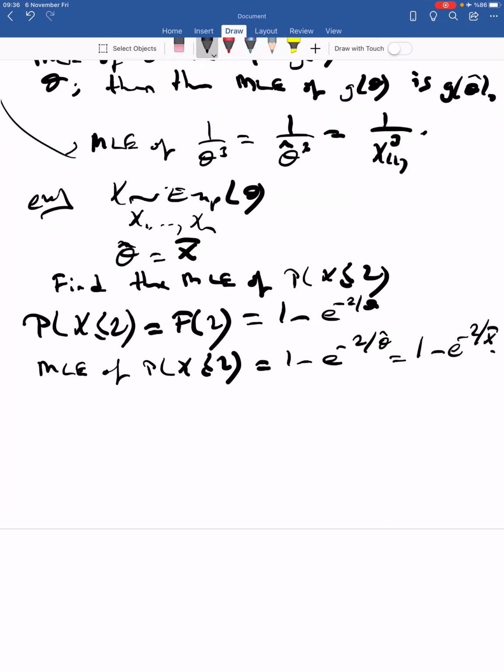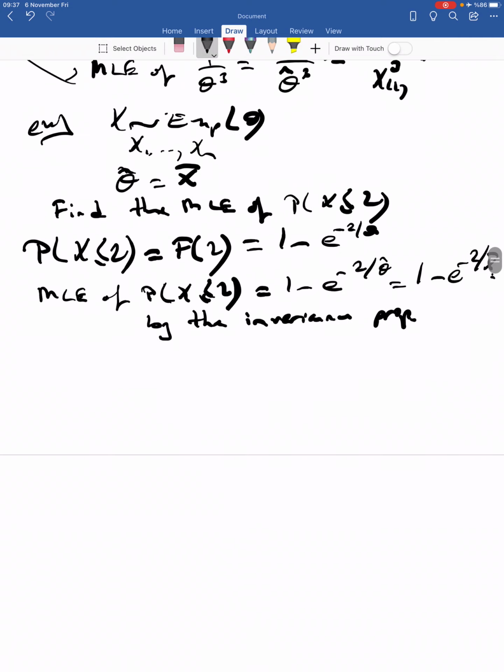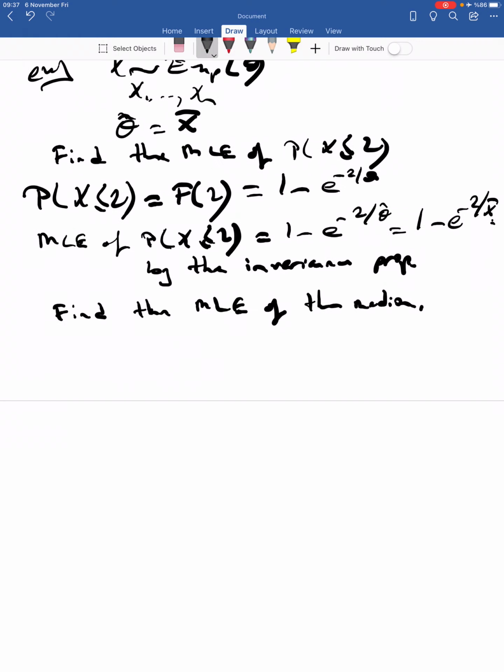If you want to find the MLE of other functions of theta, all we have to do is use the invariance property. Okay, so we can also ask, let's say, find the MLE of the median. You have to know how to find the median, right? Remember, first find the median.